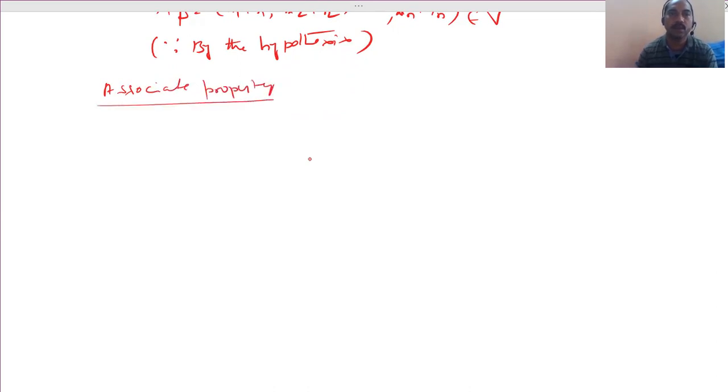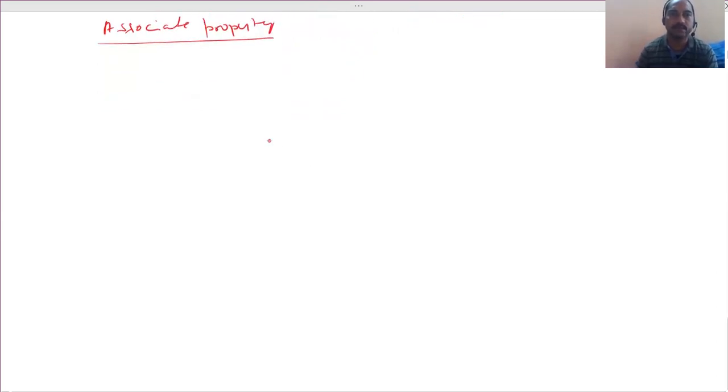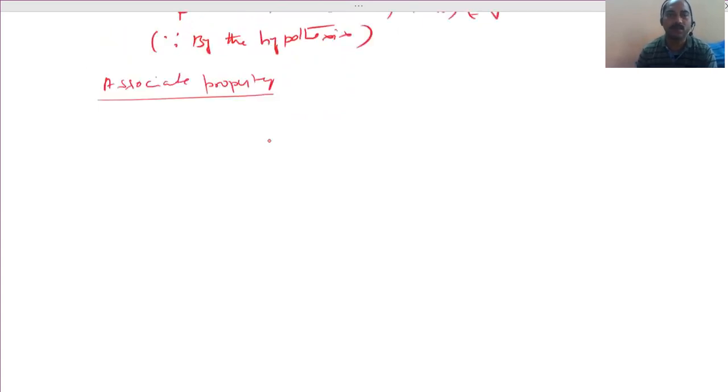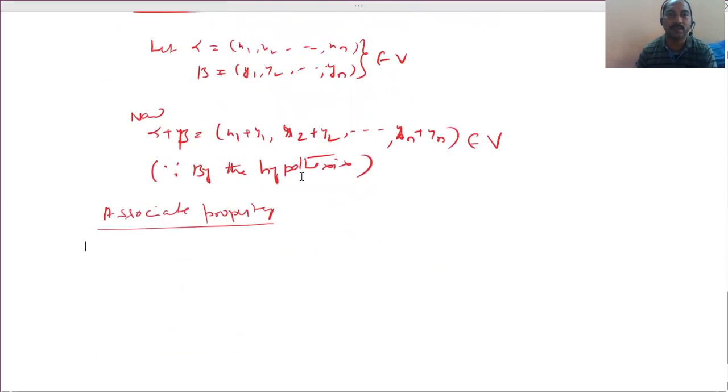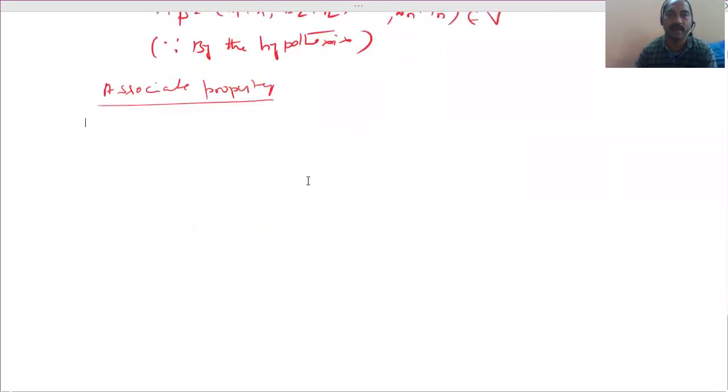Next, the associative property, or associative axiom. Sometimes I write property, sometimes I mention axiom. Both are the same, but uniformly, since in the first one I mentioned axiom, it is better to mention axiom.